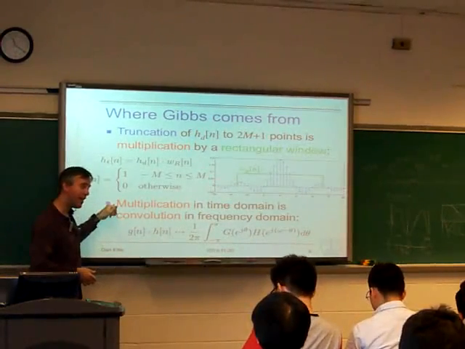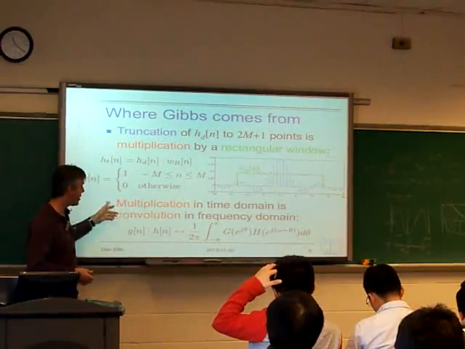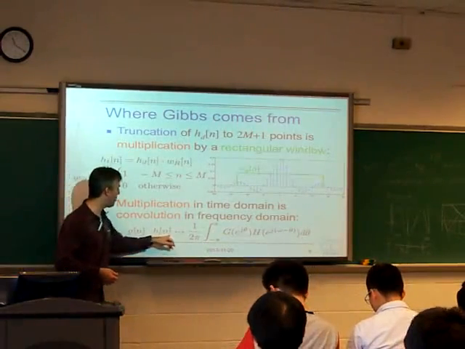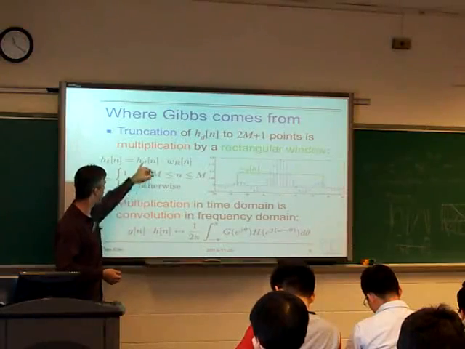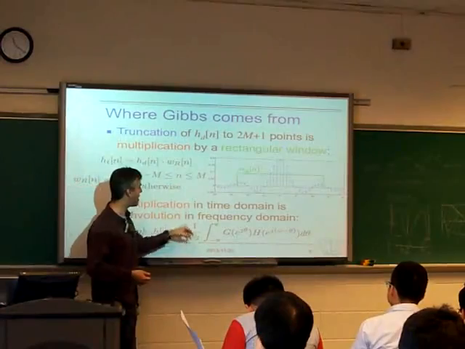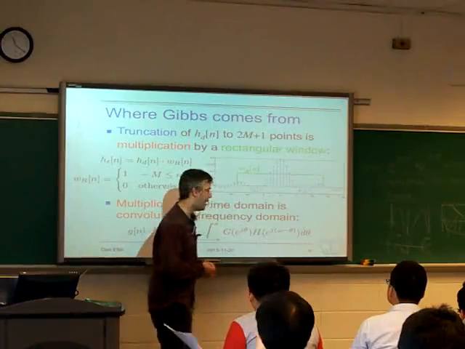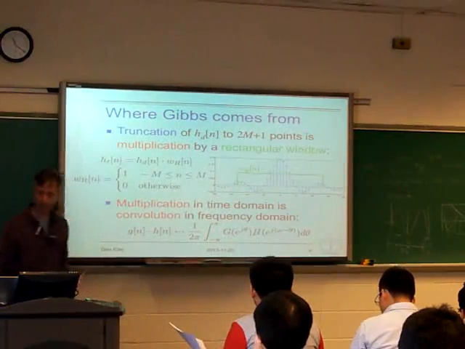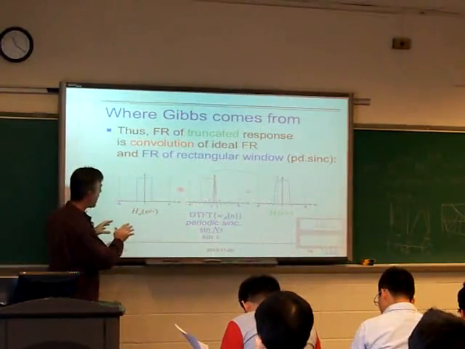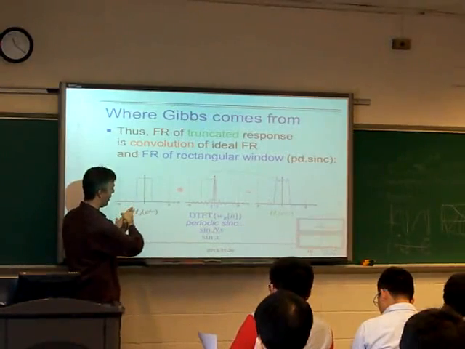Multiplication in the time domain is a dual with convolution in the frequency domain, right? Just like convolution in the time domain is a dual with multiplication in the frequency domain. So this product of the ideal response and the windowing function has a Fourier transform, which is just the convolution of their two frequency responses. What that's saying is we've got this ideal response here, which has got this brick wall behavior.